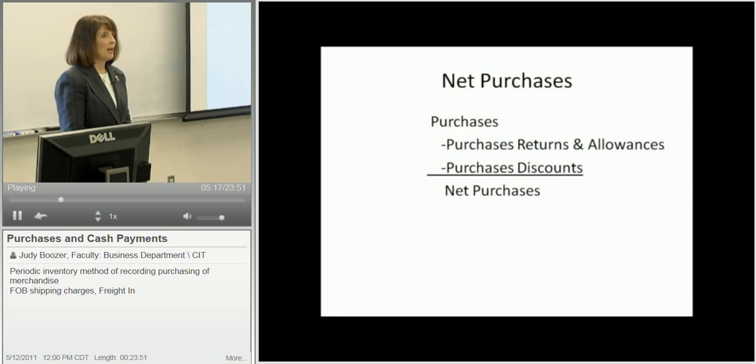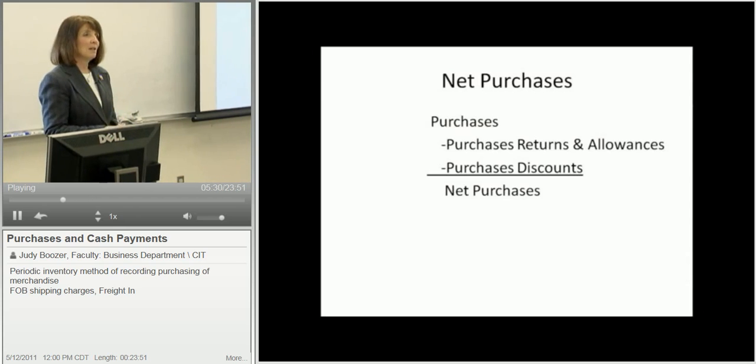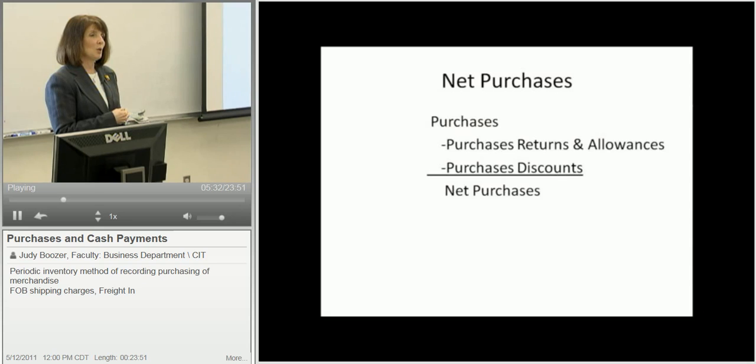Now, this part, however, is very similar to something we learned last time. You take the gross purchases that you have, and from it you're going to subtract two items very similar in nature to sales return and allowance and sales discounts, called purchases return and allowance and purchases discount.